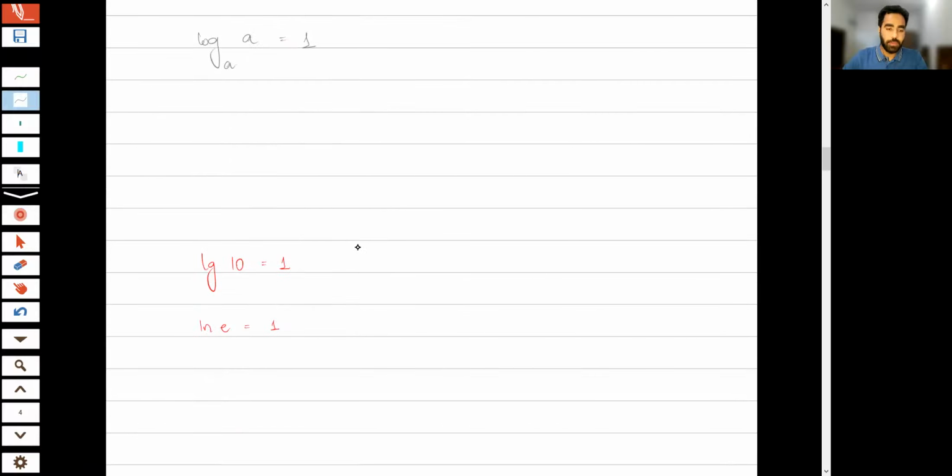Another property that you need to remember, if my value inside the log and the base is the same, ठीक है, my answer would be 1. For example, if I have log 5 base 5, that would be equal to 1. If I have log pi base pi, that would be equal to 1. And you can use other examples as well.